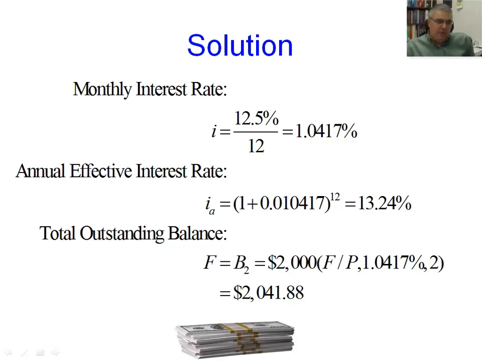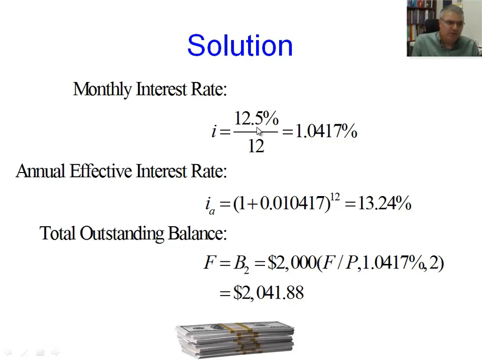Then we would calculate the annual effective interest rate, simply using the formula that I just introduced, and 12.5% divided by 12. Again, 12.5% is really 0.125. So it's very important to understand that it's 12.5 divided by 100.